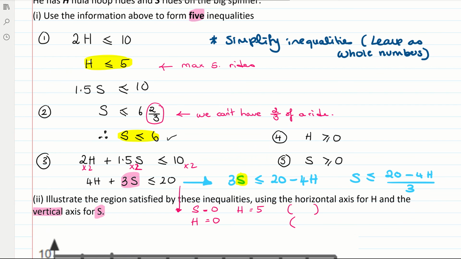So that is 0 and 5. And then when H is 0, we've got S is 6 and 2/3. So we've got 0 and 6 and 2/3.